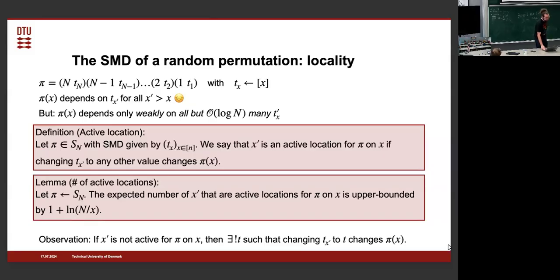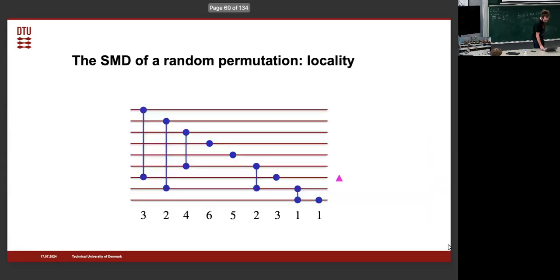Right, in this definition, when you say it changes if changing t_x to any other value, that does not mean you could change it to a specific different value where it does change the permutation, but that's not good enough. Yes, if we make any change, it changes the output.